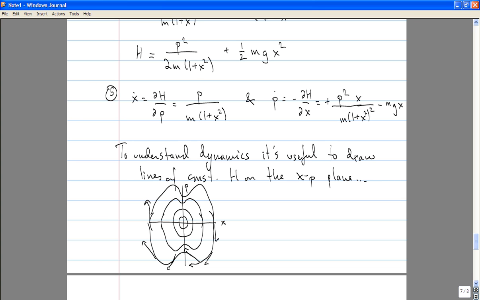So this week on your problem set, you'll get plenty of chances to flex your mental muscles in deriving the Hamiltonian equations for various simple systems.